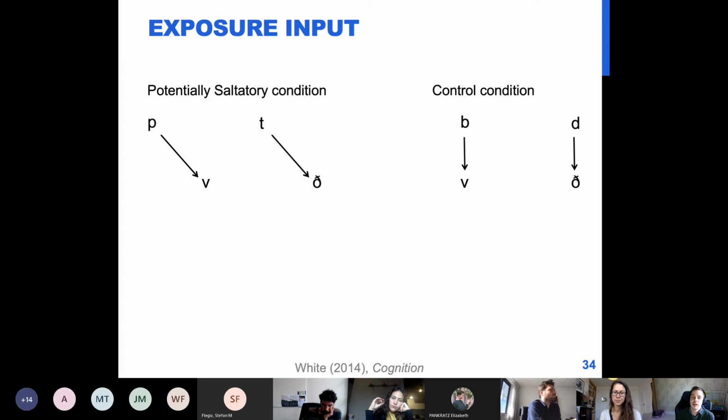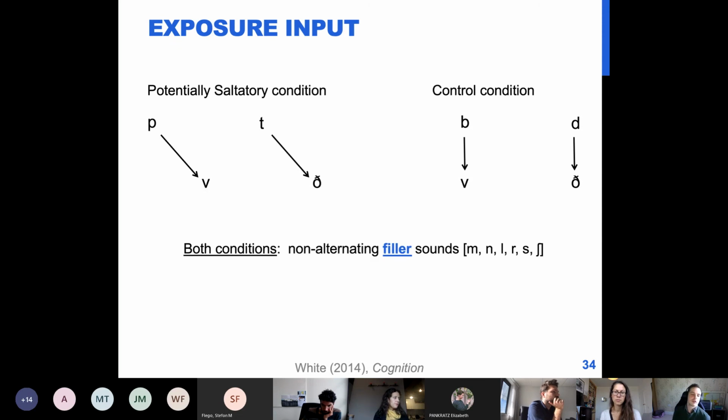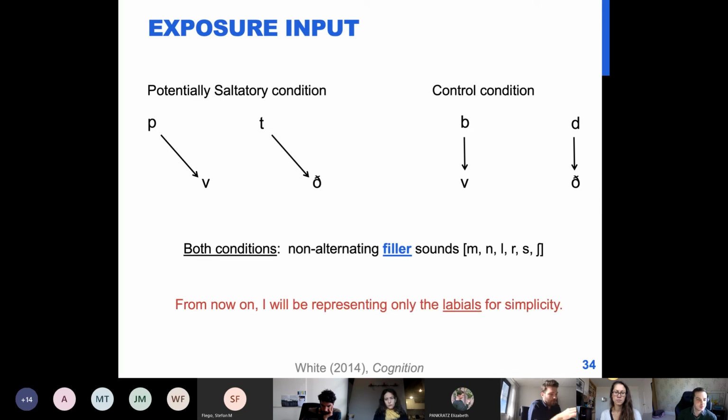There was also a different set of participants who were in a control condition, and here they learned a different alternation, which was between similar sounds. So B changes into V and D changes into ETH. So there you're only changing one feature at a time. In both conditions, people also had some non-alternating filler sounds that didn't change. From now on, I'm just going to show you the labials, just for simplicity, but the coronals, like the T to ETH, are always there.